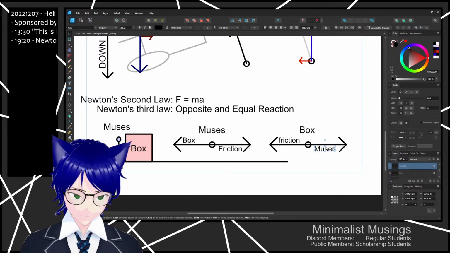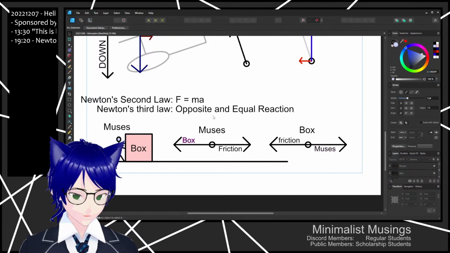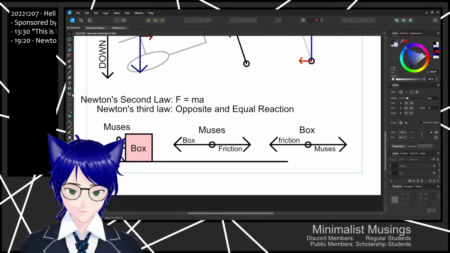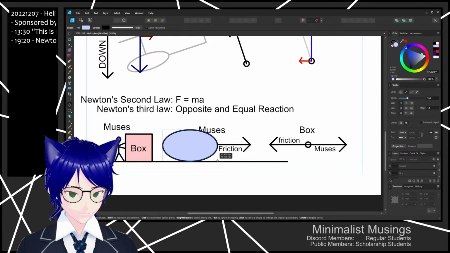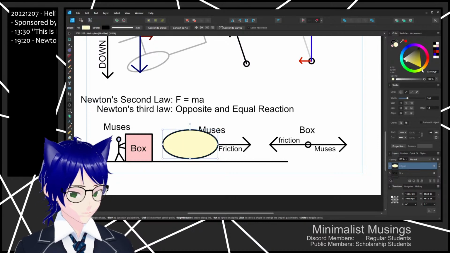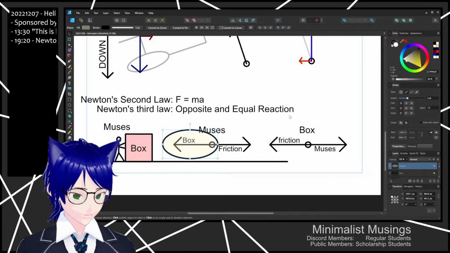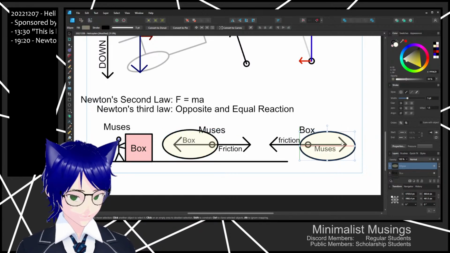Right? And so this is what we mean by Newton's third law. And this is what Newton's third law means.